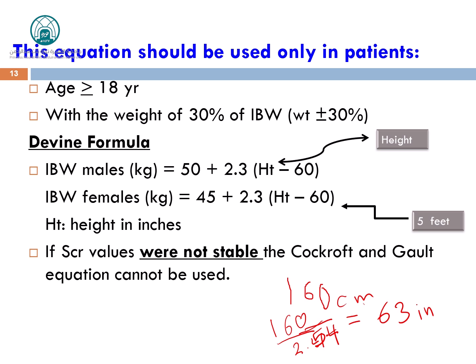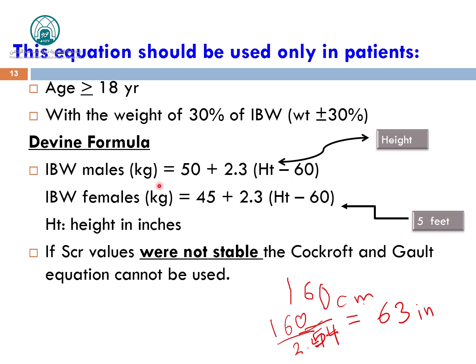So the Devine equation for calculation of the ideal body weight for male is 50 plus 2.3 times the height in inches minus 60.